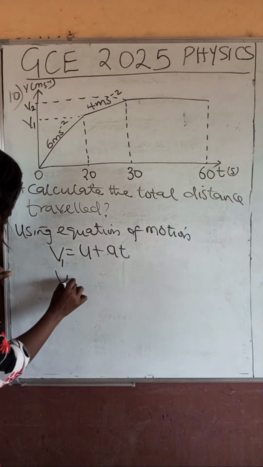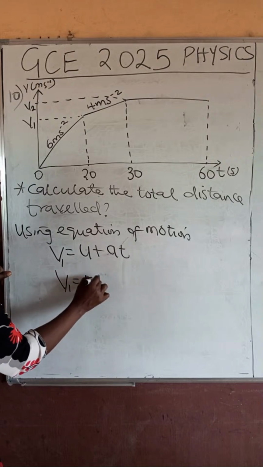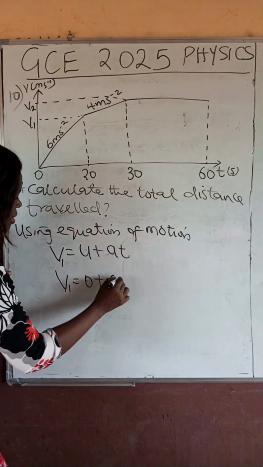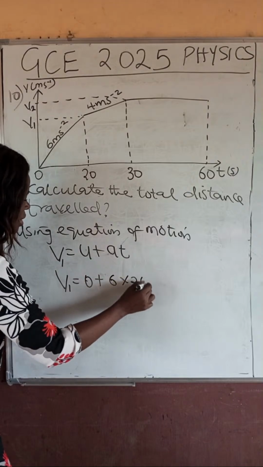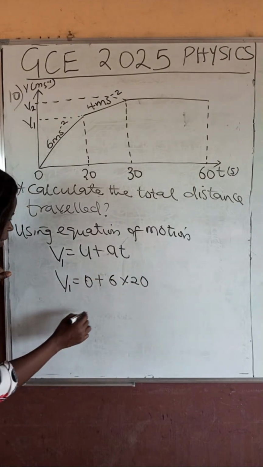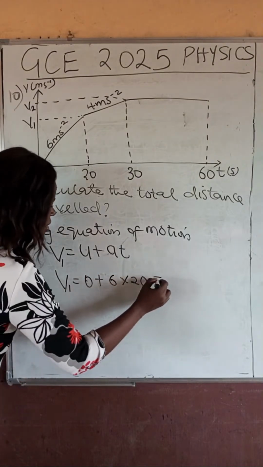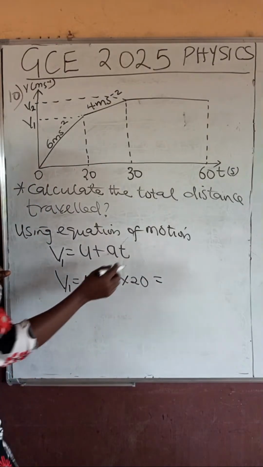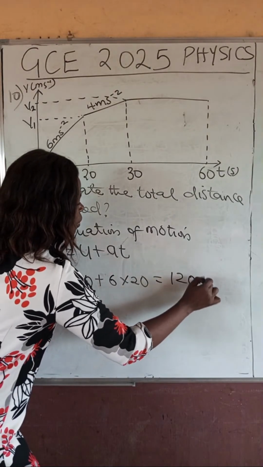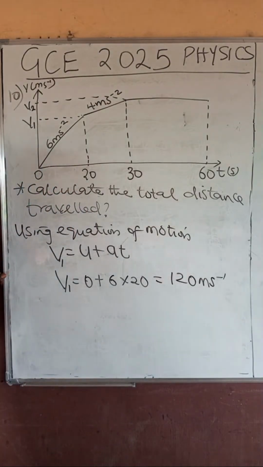So V1 is equal to 0 plus 6 times 20, which gives me 120 meters per second. That is my V1.